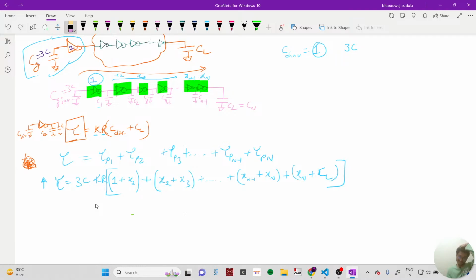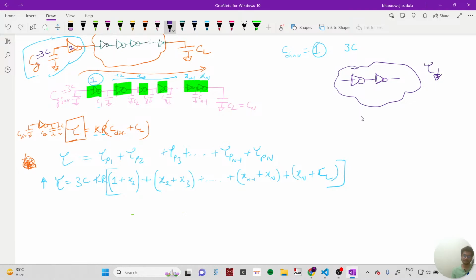Here there is a beautiful relation. Eventually, I'll find out the number of inverters in the chain that has to be added so that the delay will be minimum.